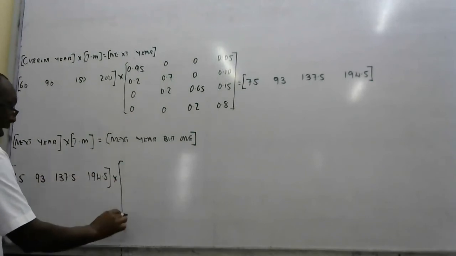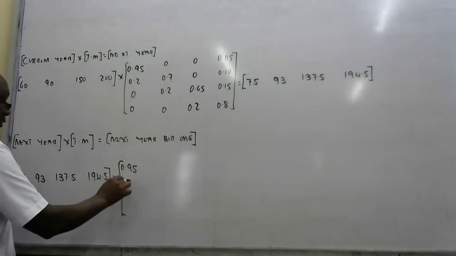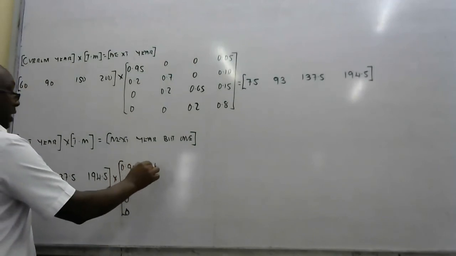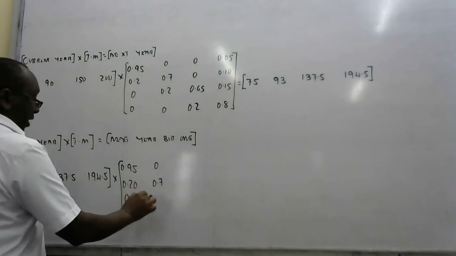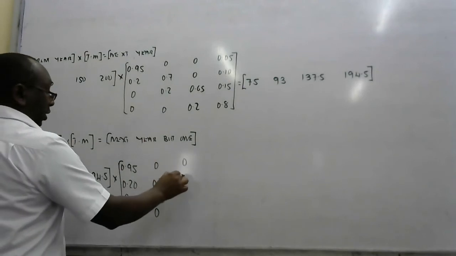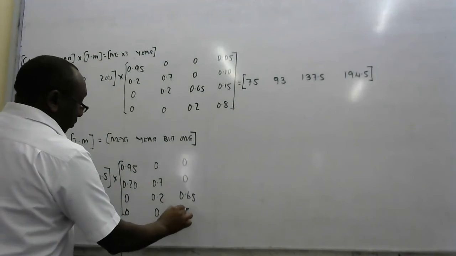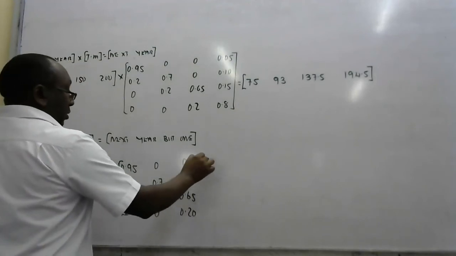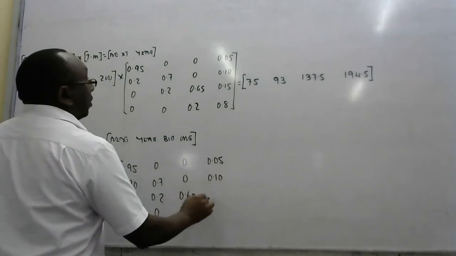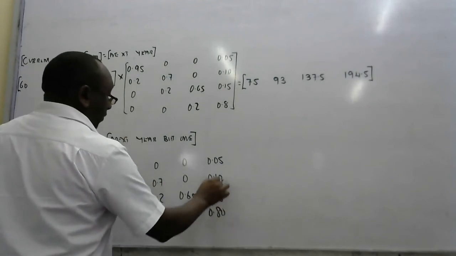You multiply by 0.95, 0.20, 0 and 0; 0, 0.7, 0.2 and 0; 0, 0, 0.65, 0.20; 0.05, 0.10, 0.15 and 0.80.